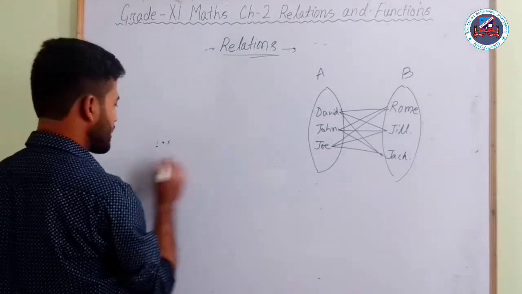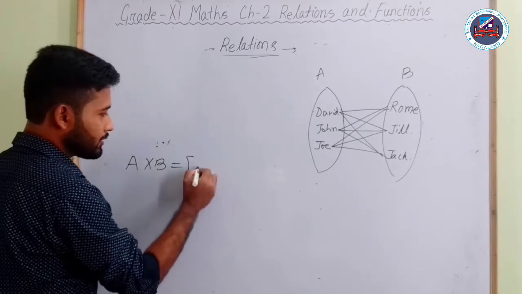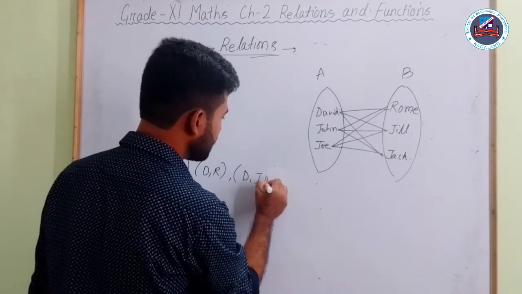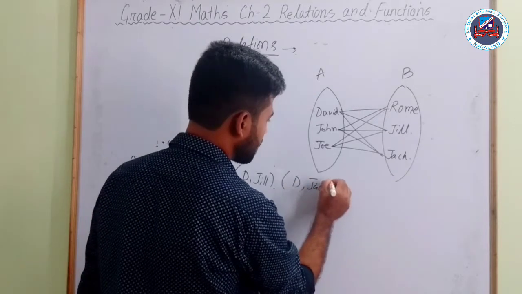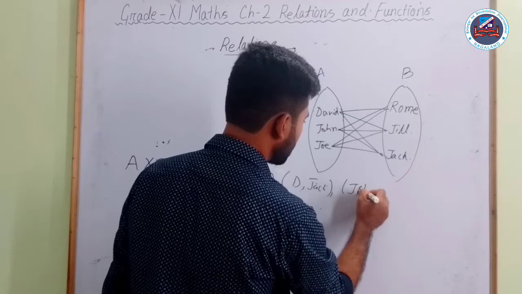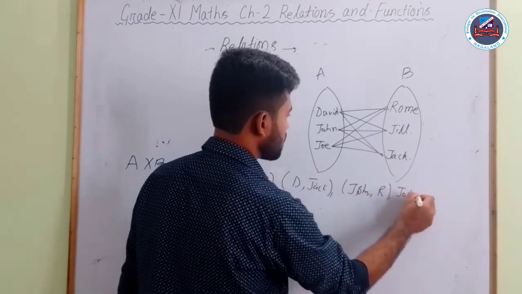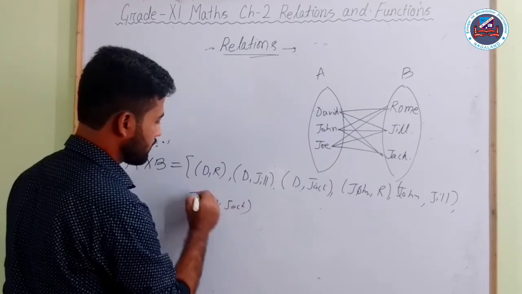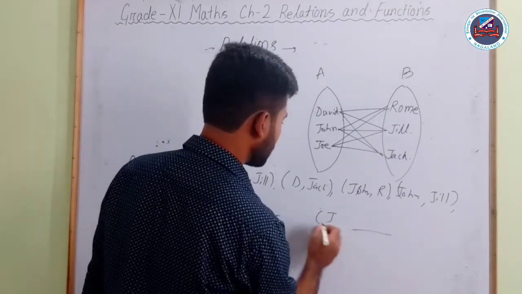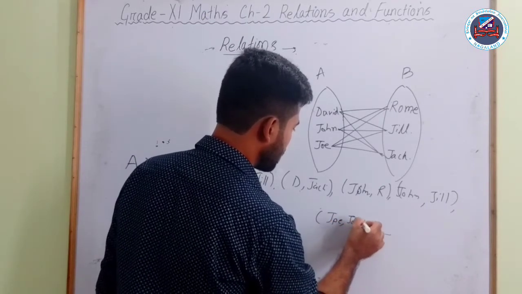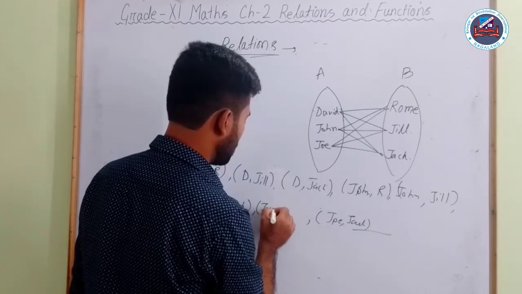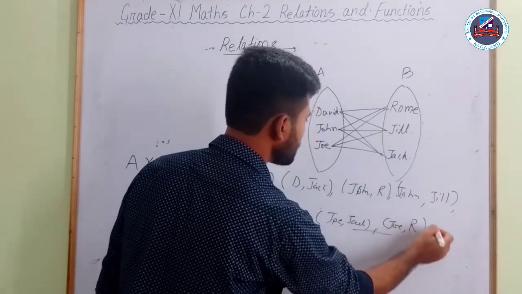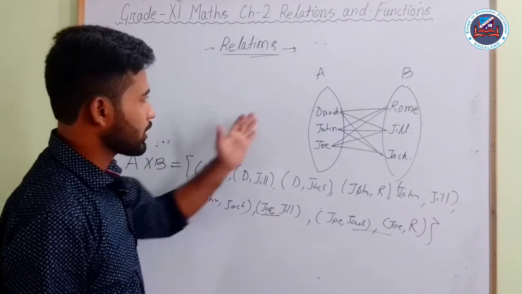So if I take the Cartesian product of A and B, it will be the set: David, Rome; David, Jill; David, Jack; John, Rome; John, Jill; John, Jack; and so on, with three more: Joe, Rome; Joe, Jill; and Joe, Jack. This is the cross product, or the Cartesian product, of these two sets.